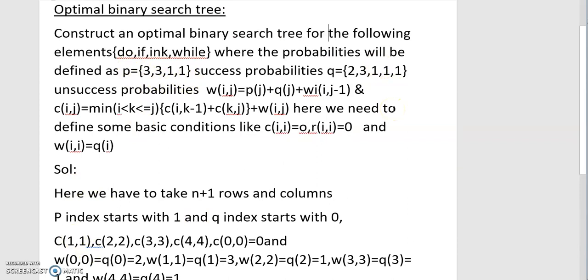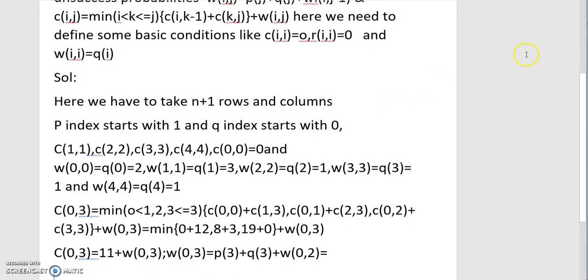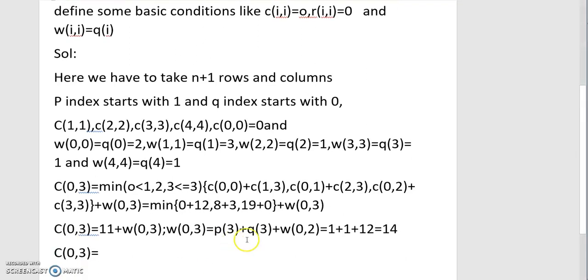Q of 3 is also 3. 1 plus 1 plus W of 0 comma 2, which is 12, so 14. Then C of 0 comma 3 is 14 plus 11, which equals 25. This is the value of C of 0 comma 3.